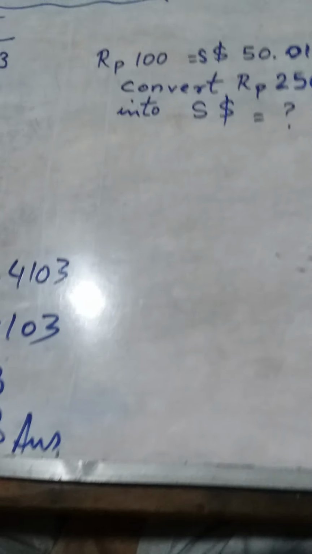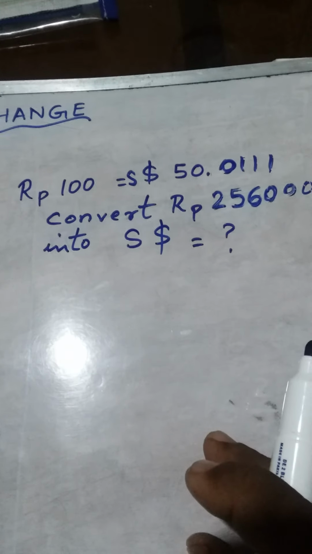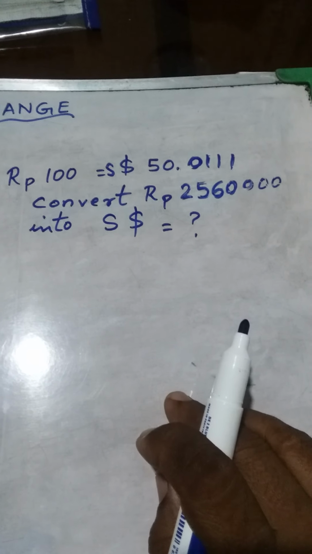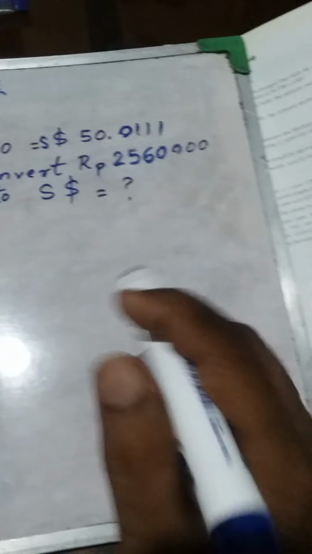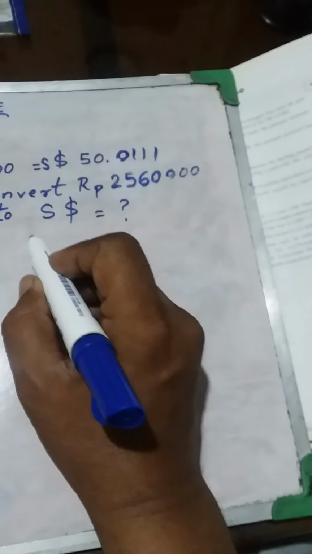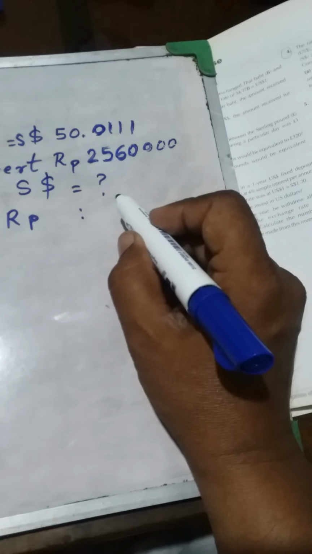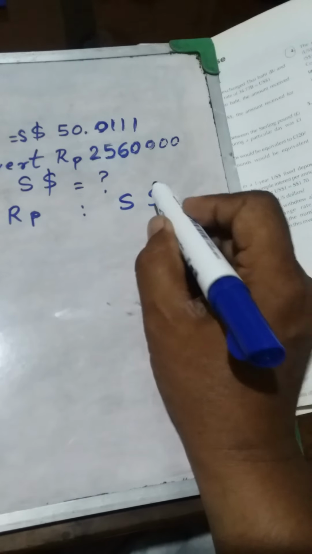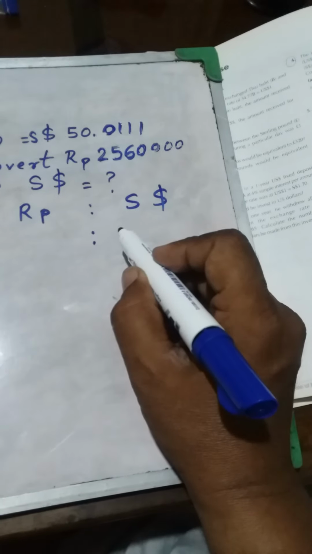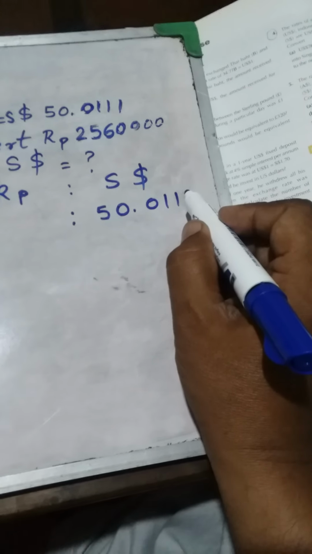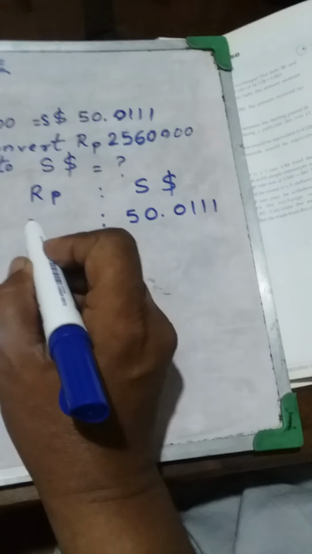Now here we have 100 rupiah, Indonesian currency, which equals Singaporean dollar 50.0111. Please do not neglect the values, because this currency has a very low rate of exchange, so after the decimal we will take all 4 places. 100 rupiah is equal to this much.